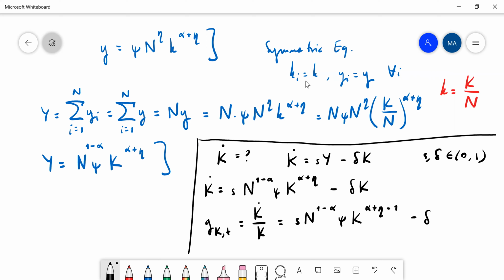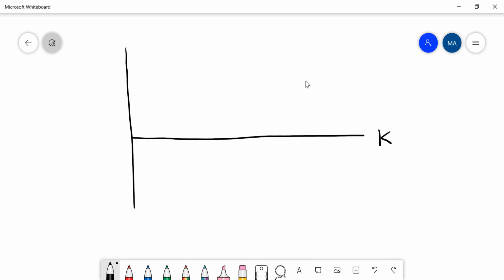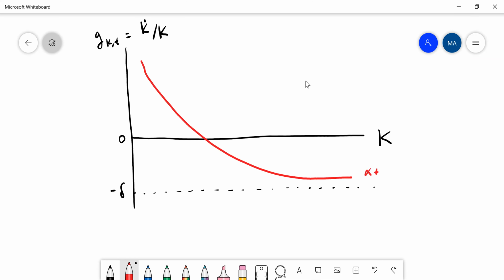Okay? Now, this is a differential equation, obviously. And there are three possibilities again, right? So let's draw these possibilities. Okay, suppose that this is K and this is G of K, right? So this is K dot divided by K. So if this is 0 and this is minus delta, now one possibility is that we have decreasing returns to scale, right? So alpha plus eta is less than 1. So there is no growth in the steady state. There is a steady state, all right?